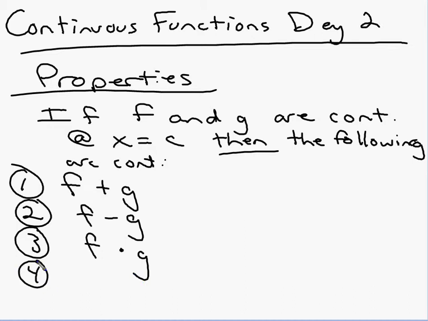Even f divided by g is, so long as g of c is not equal to 0. G of c is that place that we're looking at the continuity. Obviously, we can't have a denominator of 0.